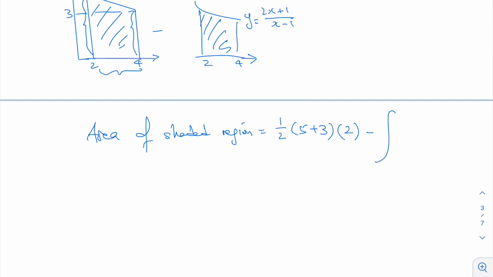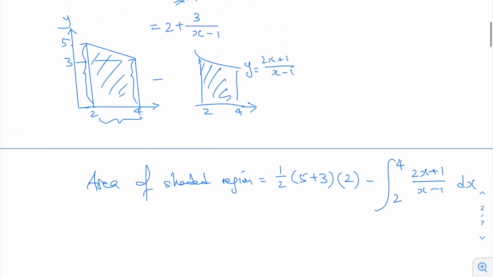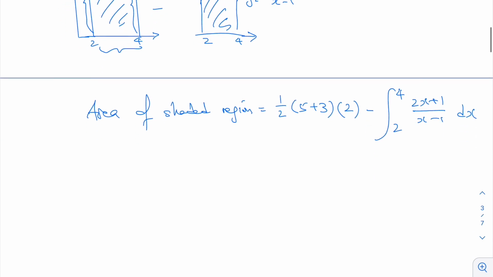And I'll subtract the area under the curve, which is the integral with limits from 2 to 4 of 2x plus 1 over x minus 1 dx. Now we're going to use what we have solved earlier. So let's express that in this way: 8, subtract the integral from 2 to 4 of 2 plus 3 over x minus 1 dx.